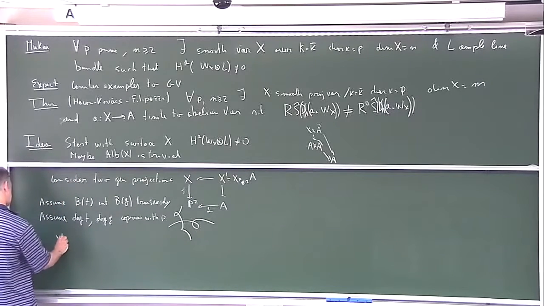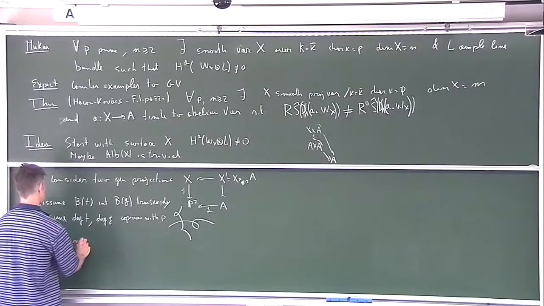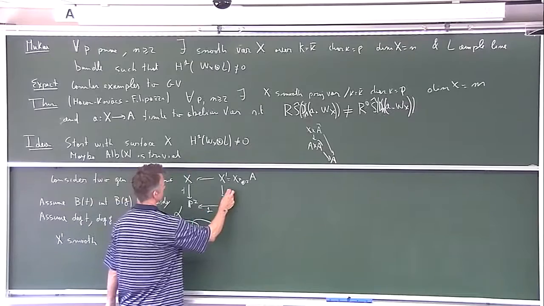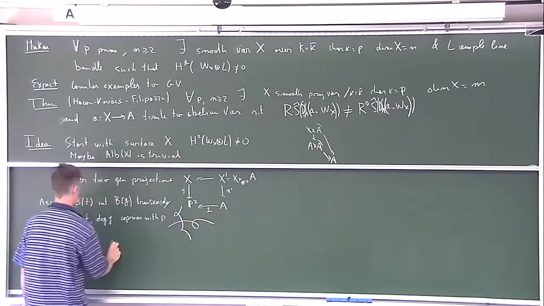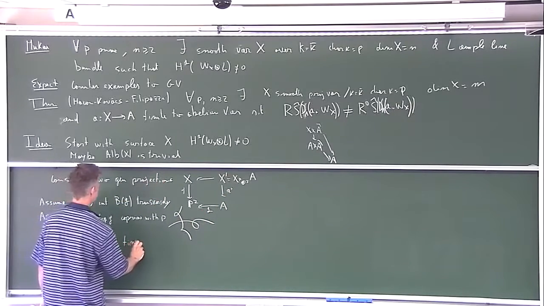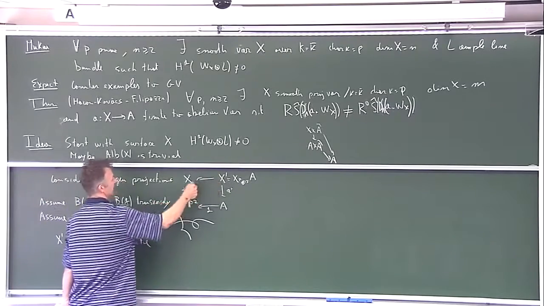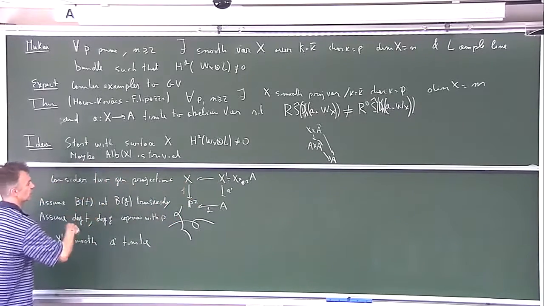Okay, so now when you do this, you can check that X prime will tend to be smooth, and that this map A prime will be finite, and this cover is separable of degree coprime with p.